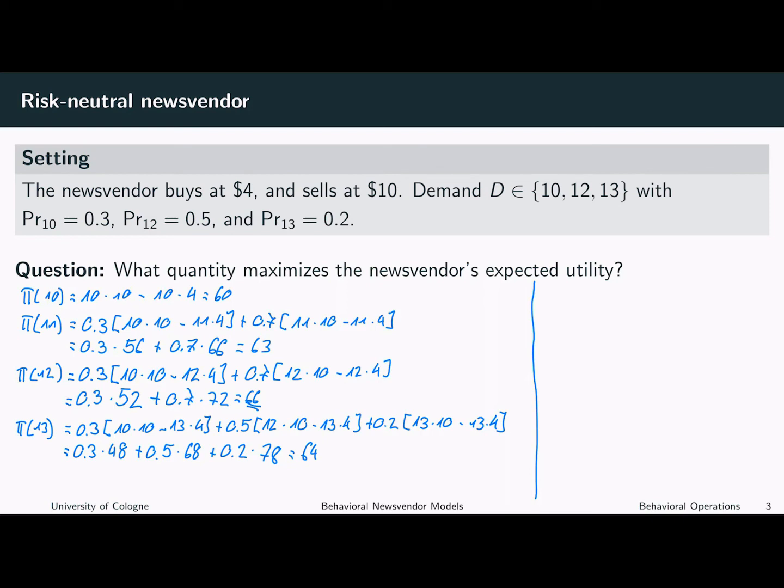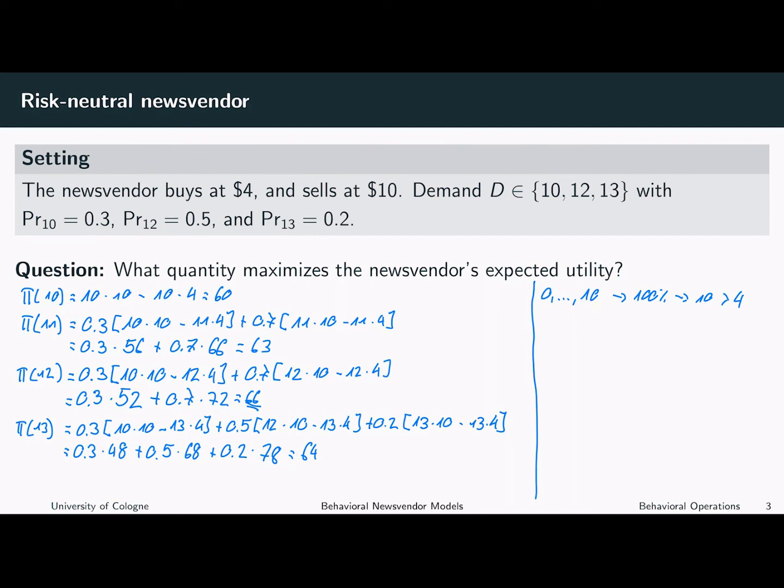So for all numbers between 0 and 10, they are sold with a probability of 100%. This means the expected revenue is just 10 and you have to pay 4. So it's always optimal to buy more if you are currently ordering between 0 and 10.